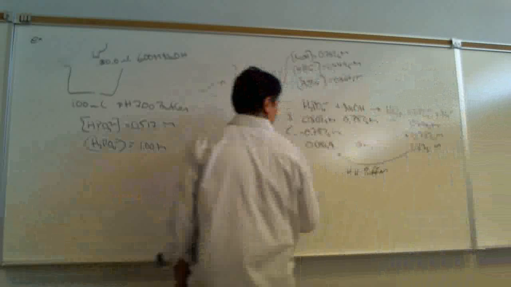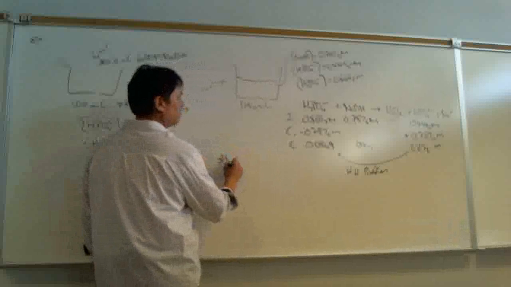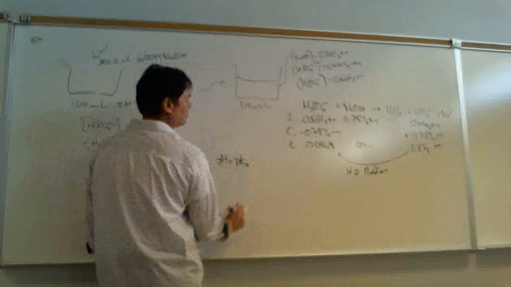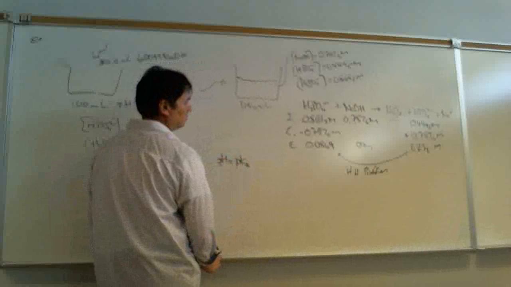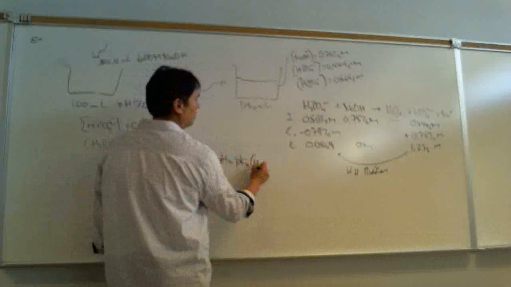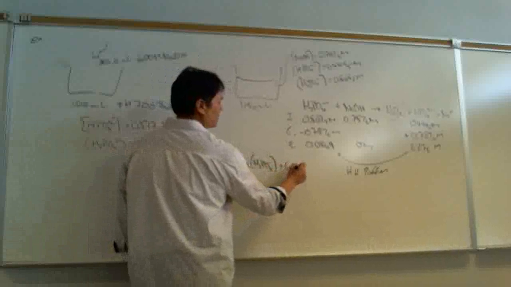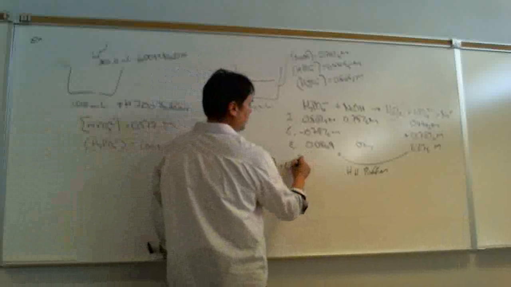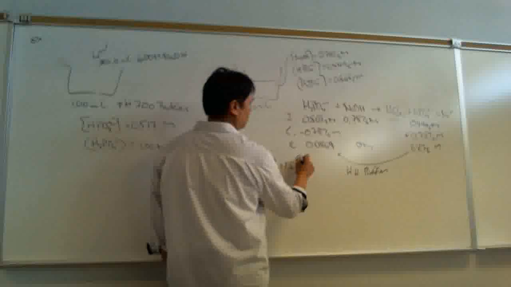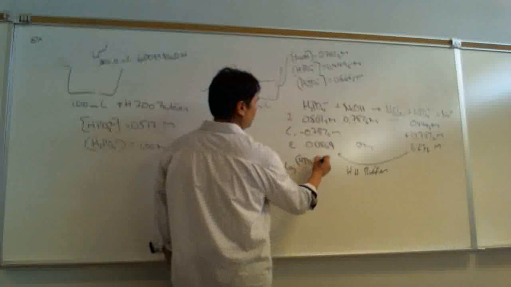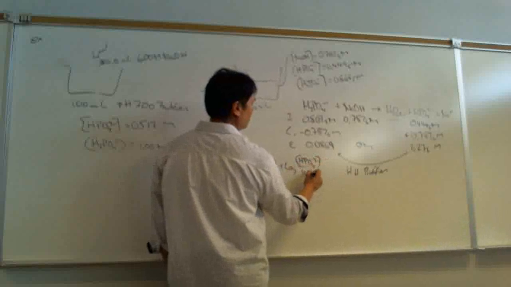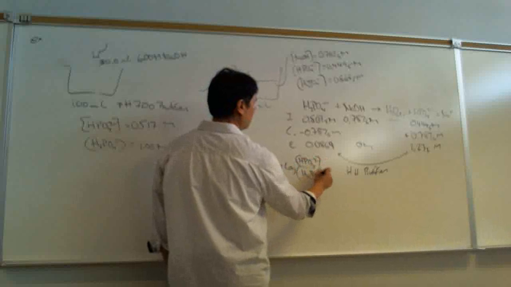And so for this HH buffer, the pH is equal to the pKa of the acid. What's the acid? H2PO4 minus. Plus the log. This time I'm not skipping the step. Plus the log of the base. The base is HPO4 2 minus, and the acid is H2PO4 minus.